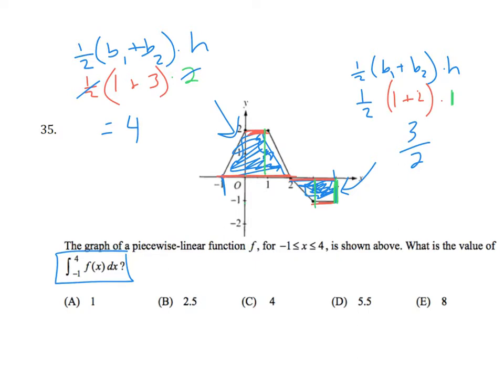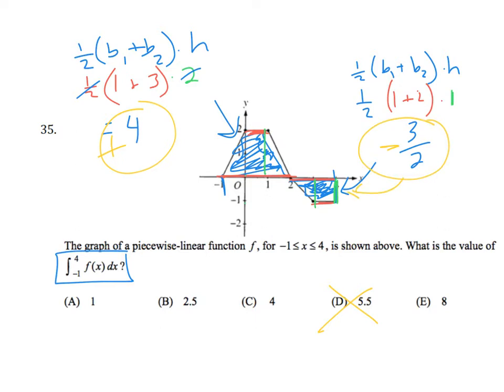So I think the trap answer here, the easy one to answer that's wrong, is 5.5, because 4 plus 1.5 is 5.5. So why is it not 5.5 if that's the answer you're getting? Remember that the areas are signed areas when we're talking about an integral, and we have a positive area for our 4 because that's above the x-axis, but we have a negative area for our 3/2 because it's below the x-axis.